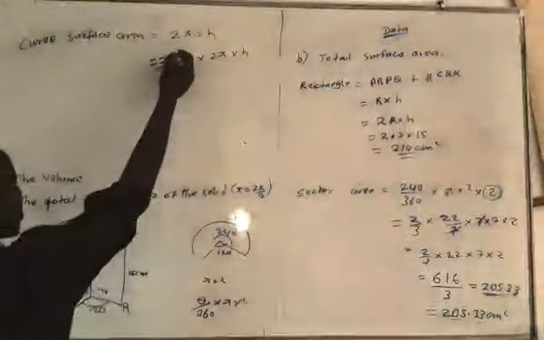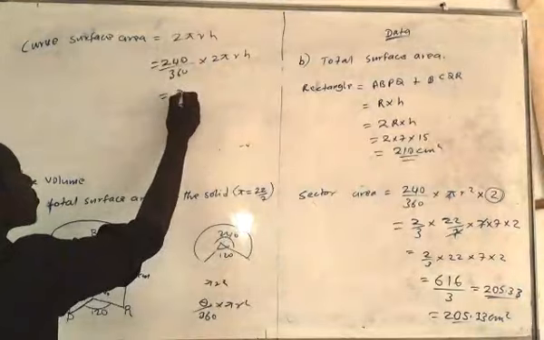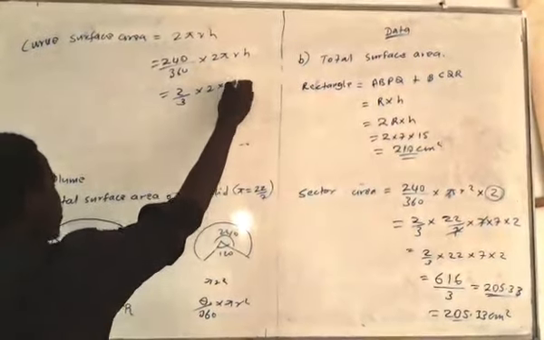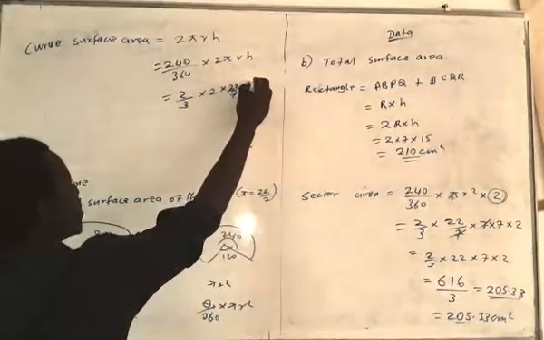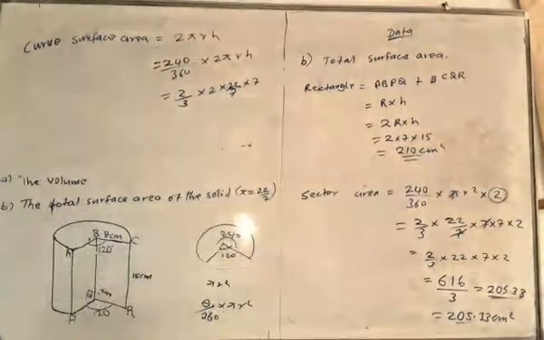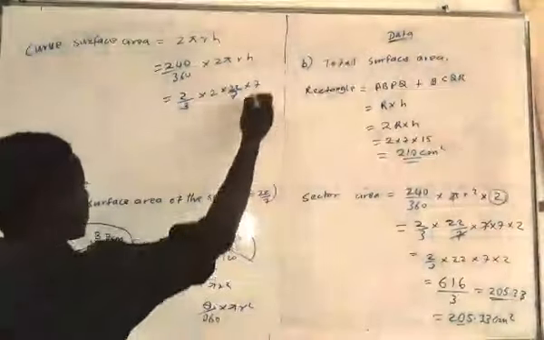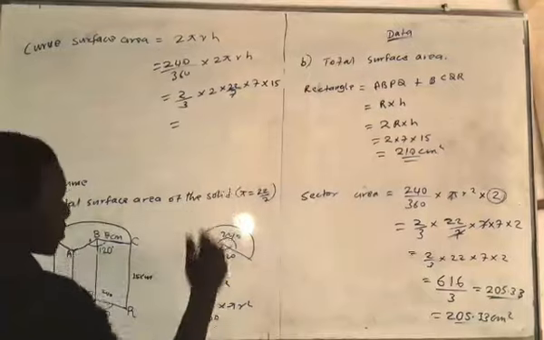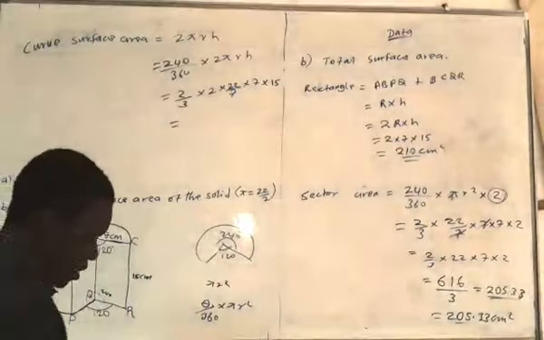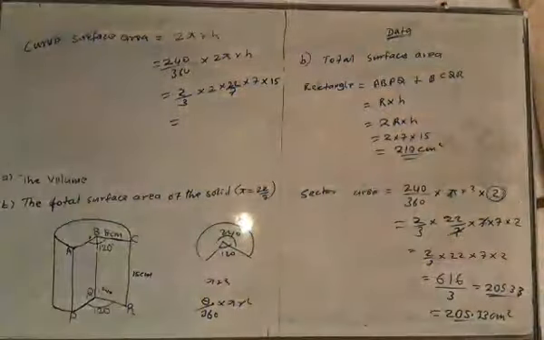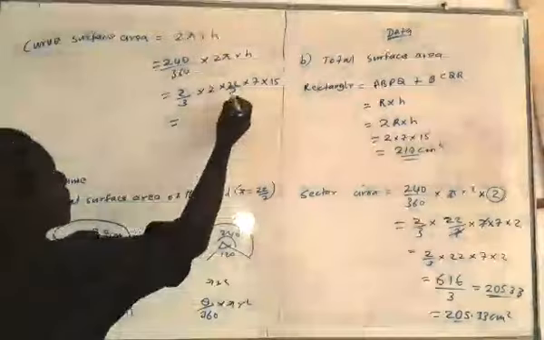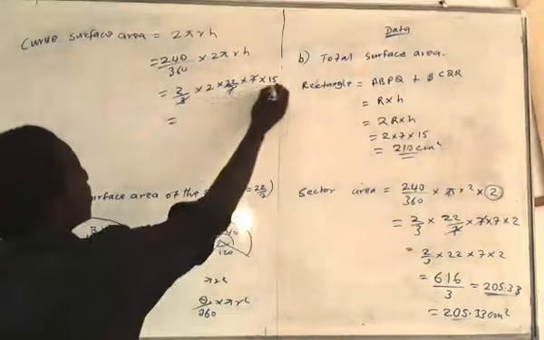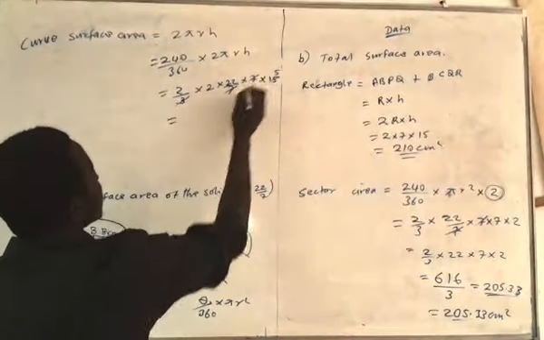But we also know this is just 2 divided by 3 times 2 times pi, which is 22 over 7, times the radius, which is 7, times 50. If we multiply this together, let's cancel this out, cancel this, 3 into itself 1, then into this will just give us 5.